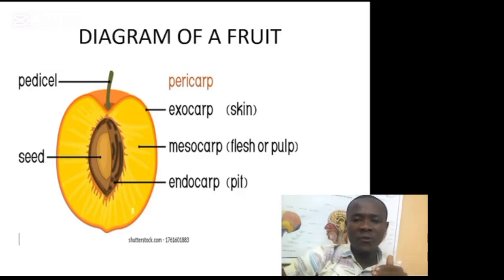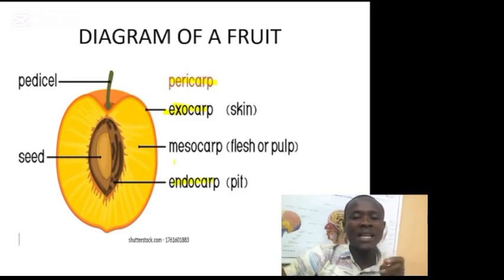Now, in the fruit, we have what we call the pericarp. The wall of the fruit is called the pericarp. It is divided into three. We have the part that is outside, as exo means outside. The carp is something surrounding it, like the skin. So the part outside is called the exocarp. As I said, exo means outside. And the part that is right inside is called the endocarp, as endo means inside.